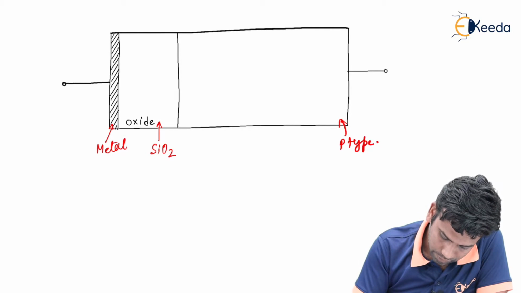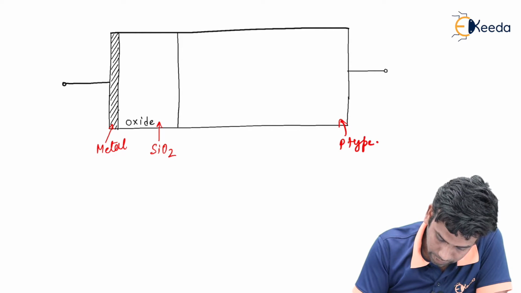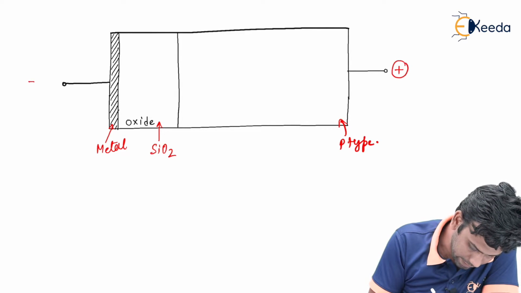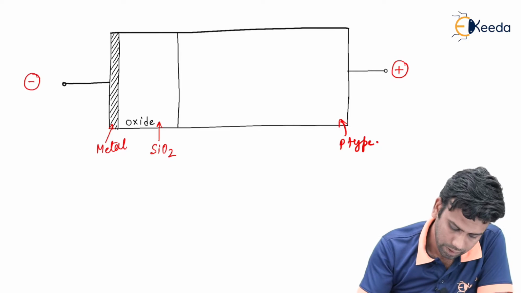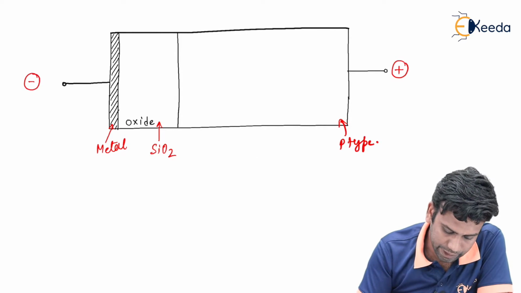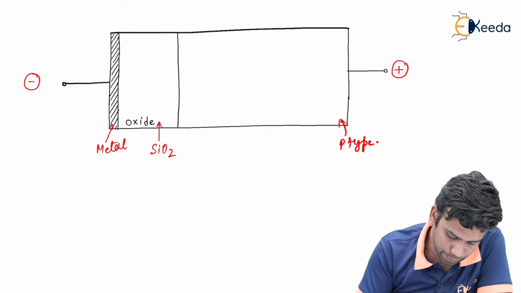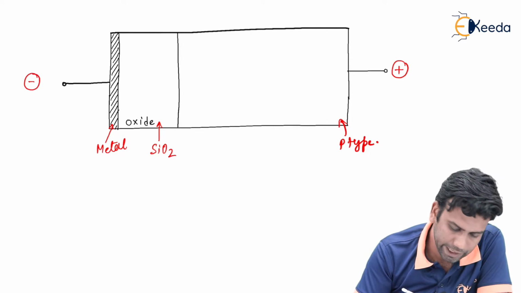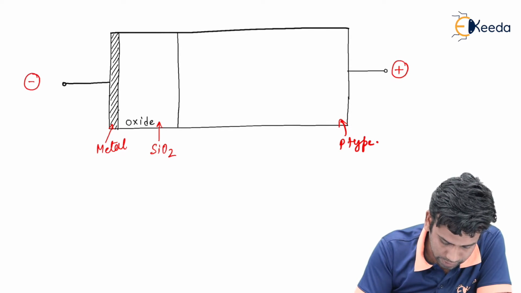Now previously we have given a positive potential here and negative potential here. That's why an electric field will be created from this positive potential to the negative potential through this dielectric material.